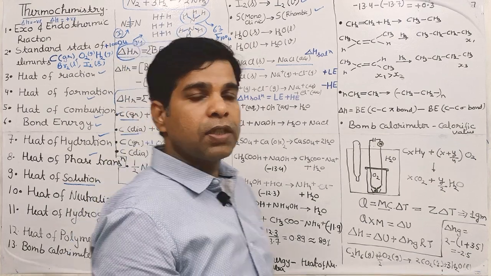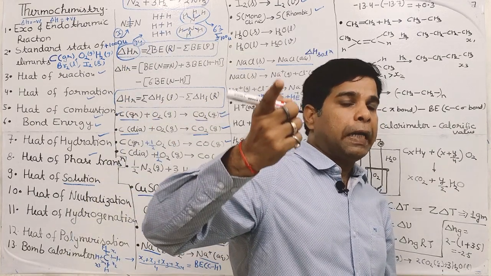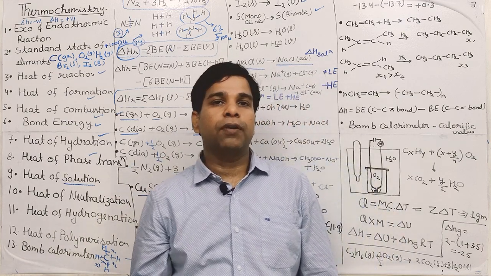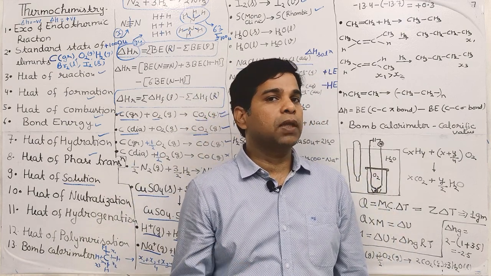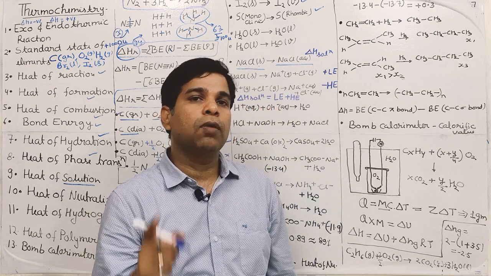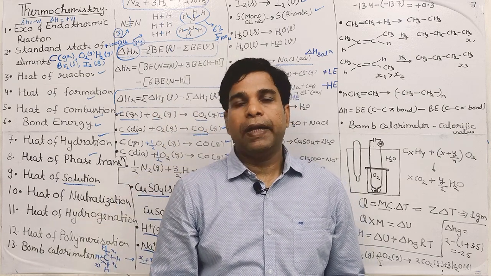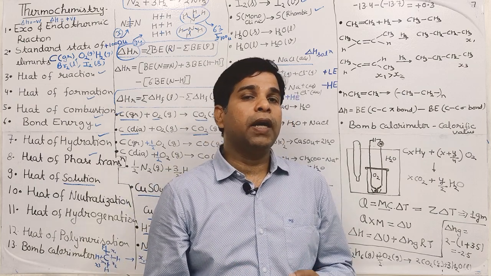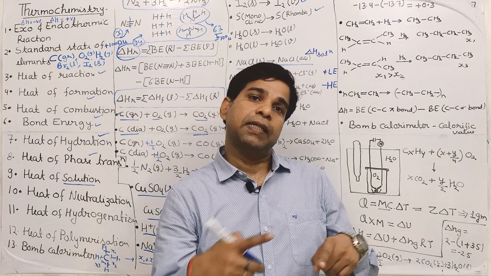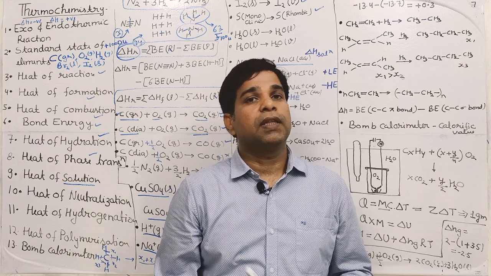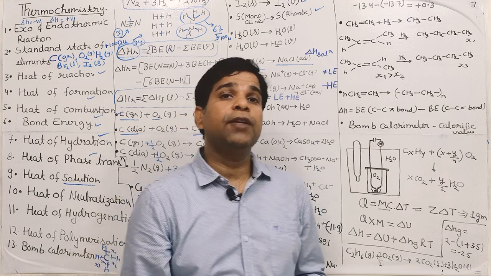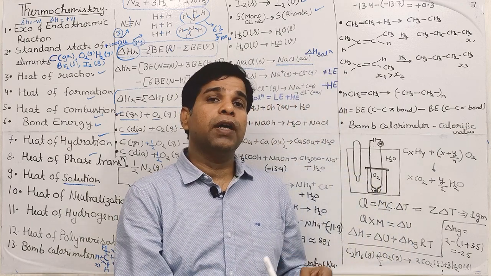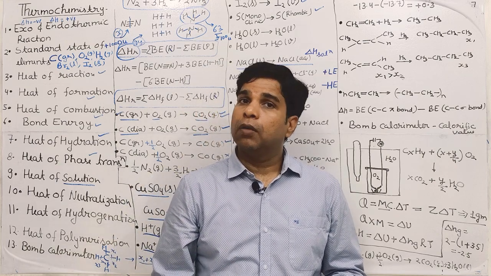If hydration energy is more negative and lattice energy is less positive, the heat of solution becomes negative and the ionic compound will be soluble in water. And if lattice energy is more positive and hydration energy is less negative, then what happens? The heat of solution becomes positive.